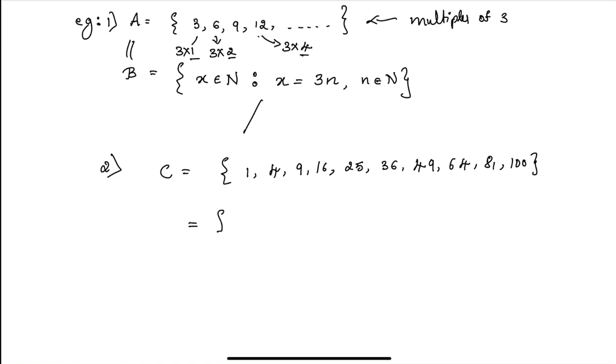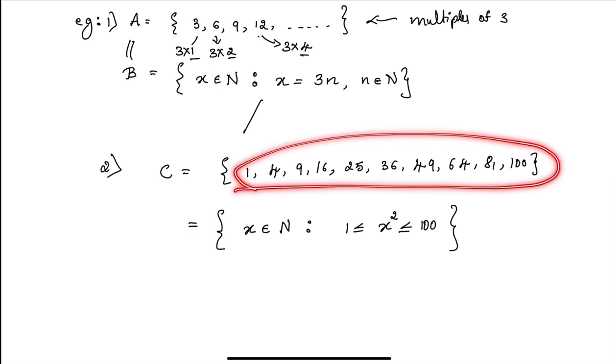Yes, x belongs to natural numbers such that 1 is less than or equal to x square, which is less than or equal to 100. That means we are collecting the natural numbers whose square is between 1 and 100. That's what we are collecting, right?